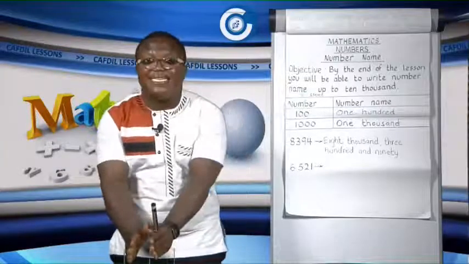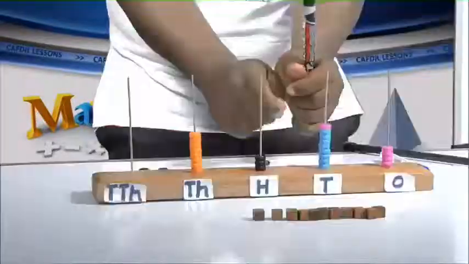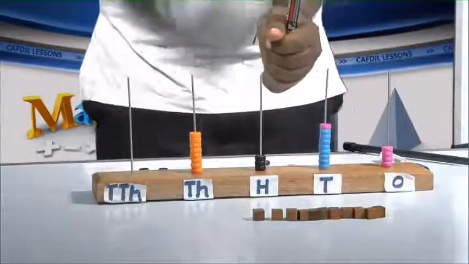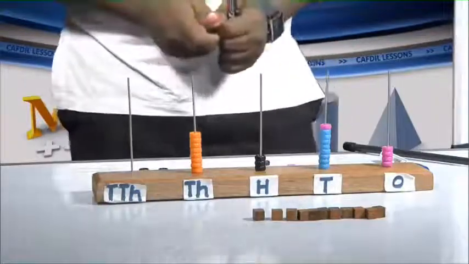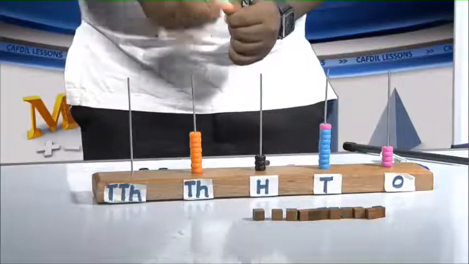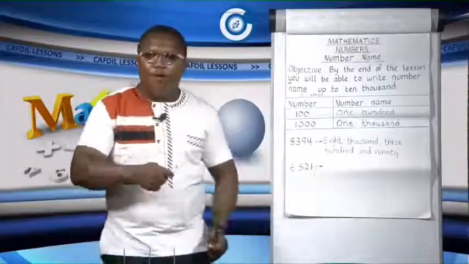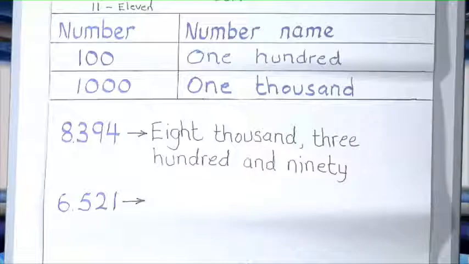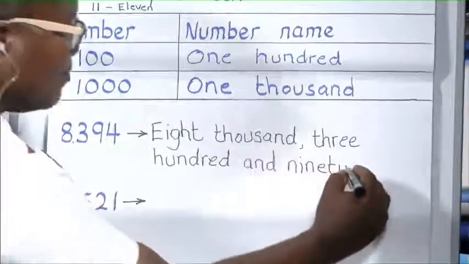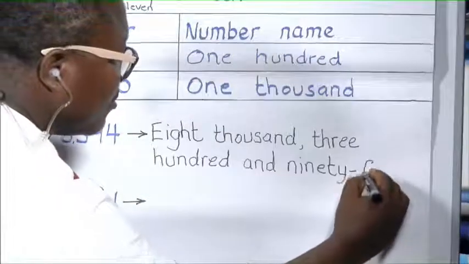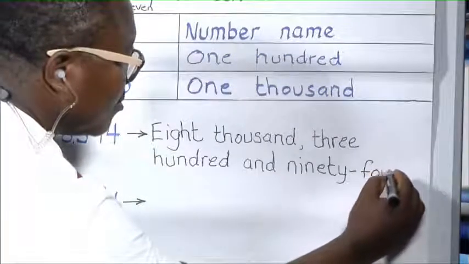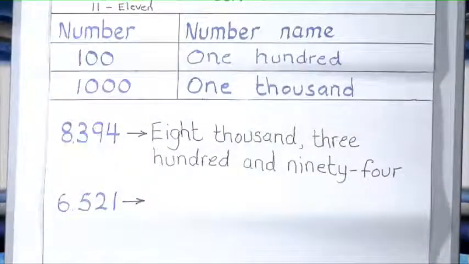We have the 10s, 90. That means we are going to get 9 tens to give you 90. And 4, we have ones. 4 ones. So this one too, we have to separate them. And we use a hyphen to separate them. So here, 94.